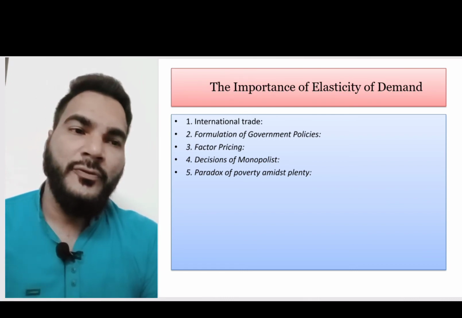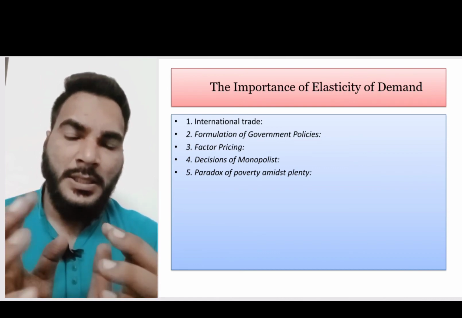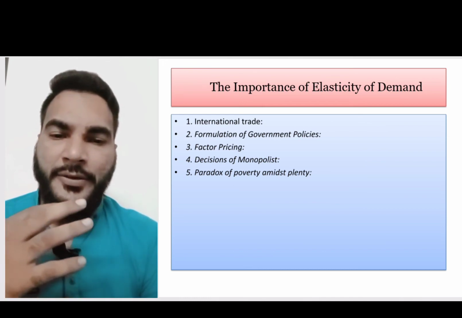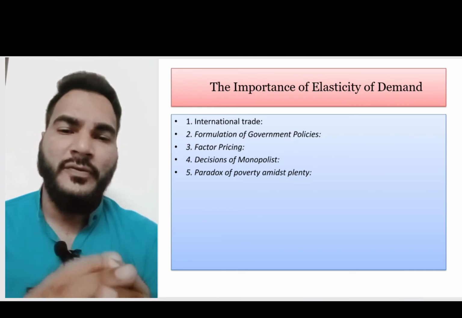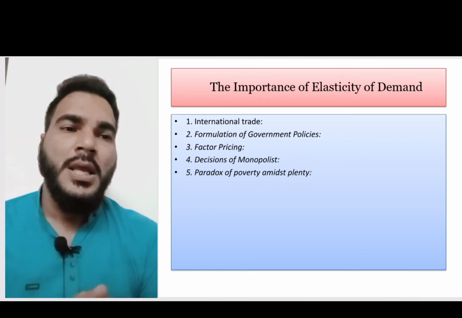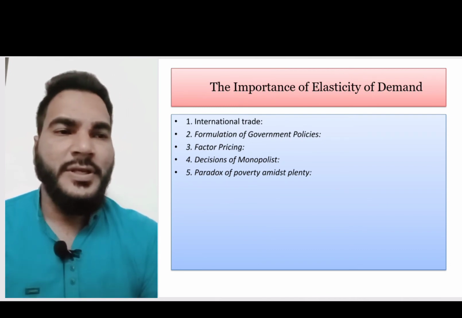Second, we have formulation of government policies. Price elasticity of demand is very helpful for any kind of entrepreneur, and in the same way it is also helpful for the government. So the government takes many decisions regarding this. Then we have factor pricing. Price plays an important role.